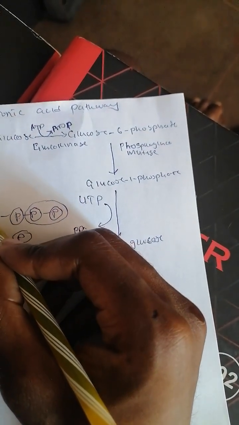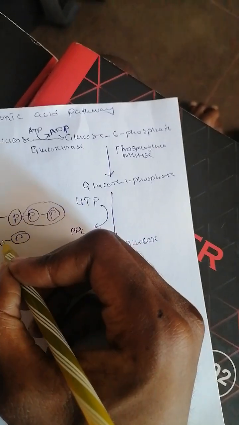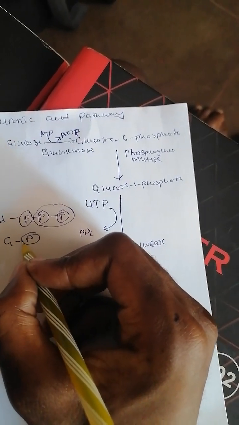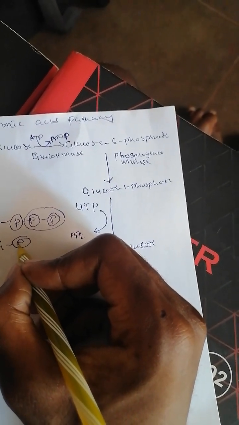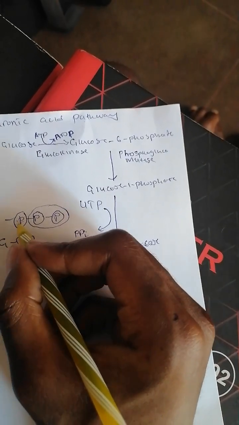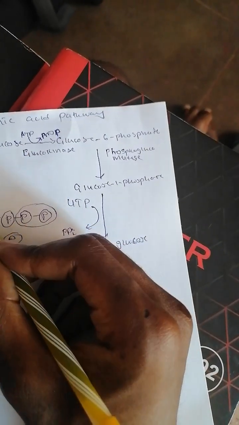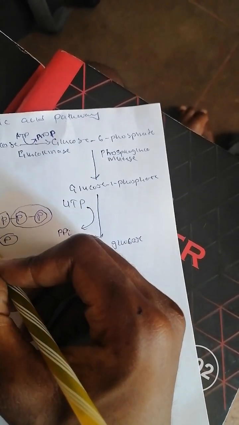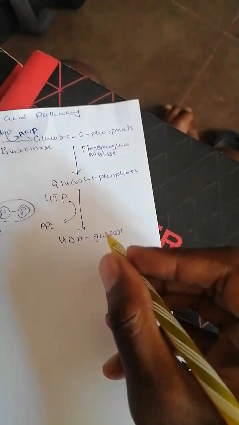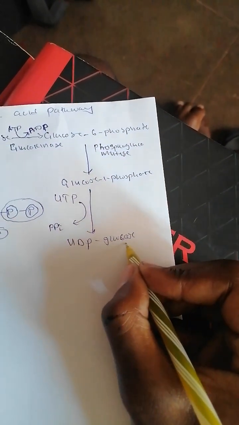The uridine monophosphate gets attached to the glucose phosphate, hence it becomes UDP glucose, uridine diphosphate glucose. This is why we are seeing the uridine triphosphate here.